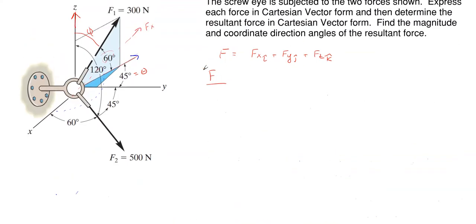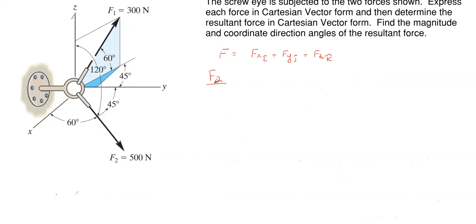So utilizing F2, I have 60 degrees off the x, 45 off the y, and a total of 120 off of the z. So what this means is that my F2 will be in the positive x direction, the positive y direction, and the negative z direction, because the z angle is larger than 90 degrees from the positive axis, which means it's pointed in the downward direction.